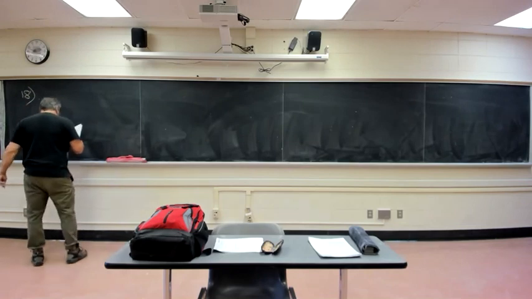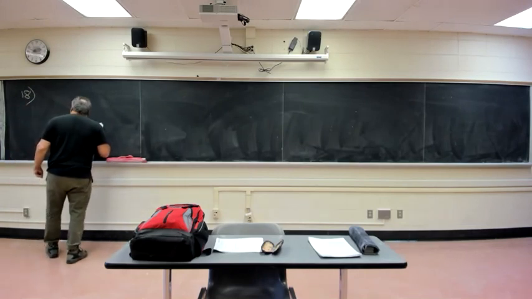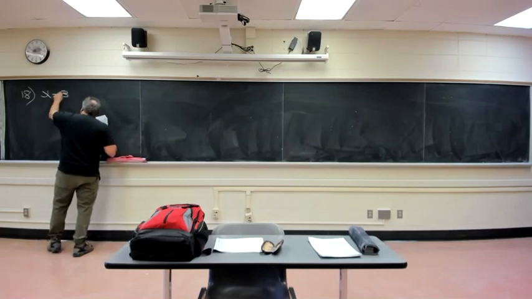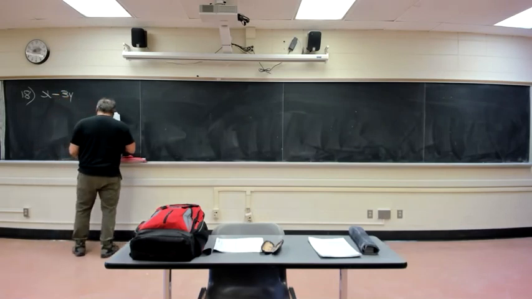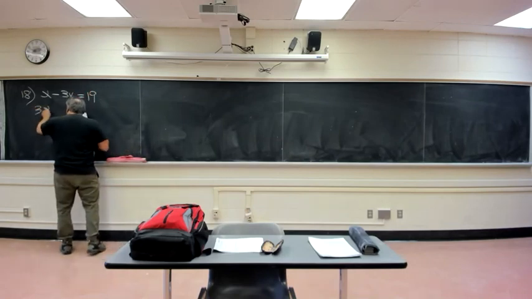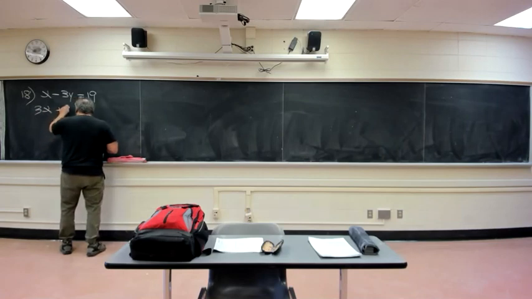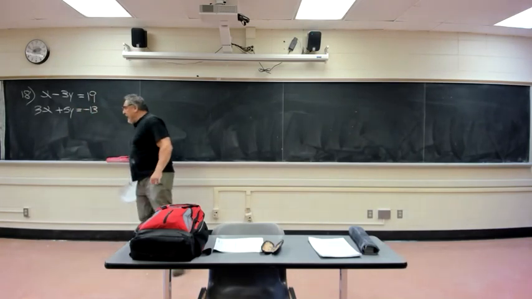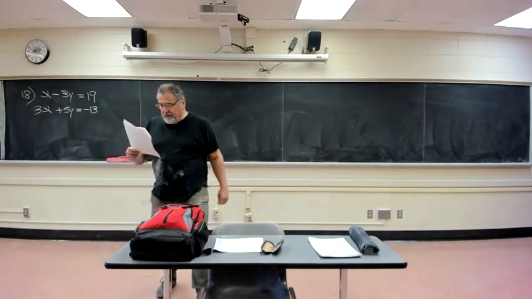For problem number 18, these are two equations in two unknowns. The unknowns are x and y. This first equation has two unknowns. This second equation, associated with the first but independent from it, is 3x plus 5y equals negative 13.